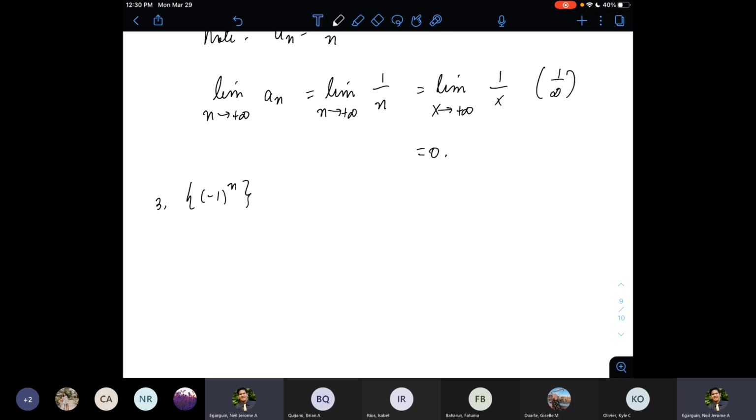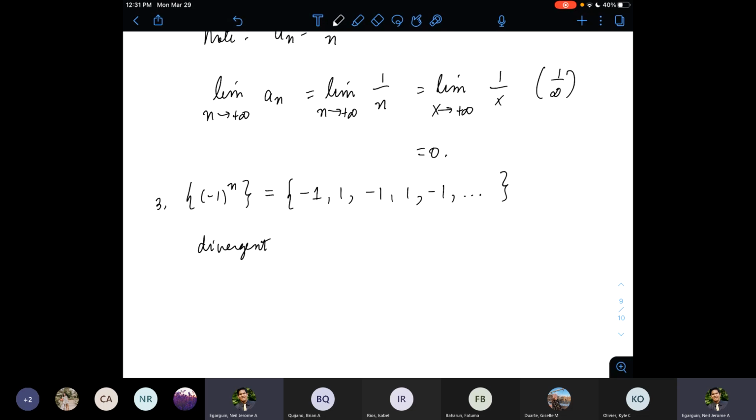(-1)^n. So I hope it is clear that this is divergent. Because if you take the limit of (-1)^x when x approaches infinity, it won't exist, right? Or you can do a visual inspection and see how the sequence looks. The sequence will be -1 followed by a 1, -1, 1, -1, and so on.